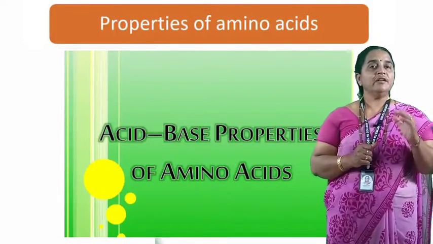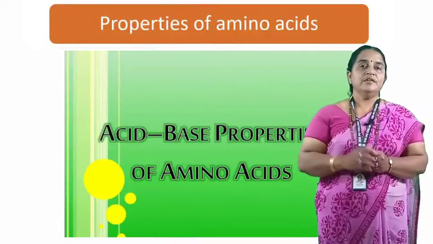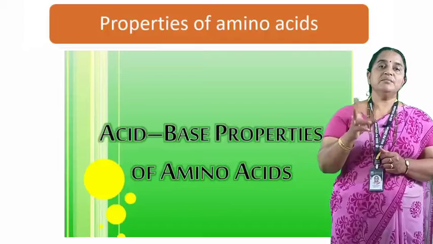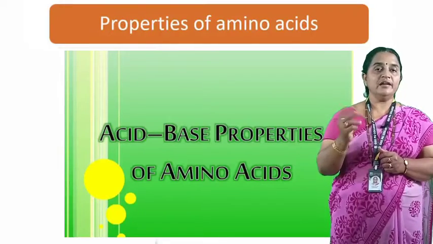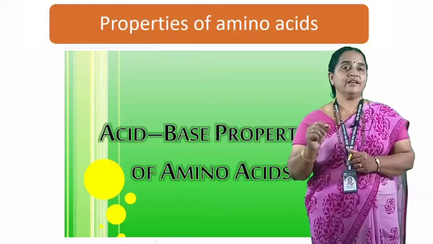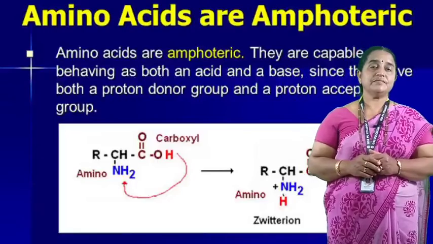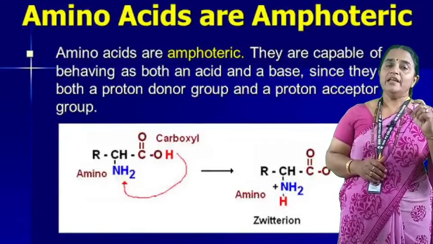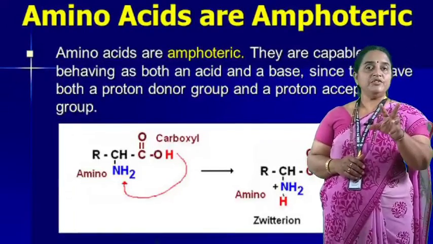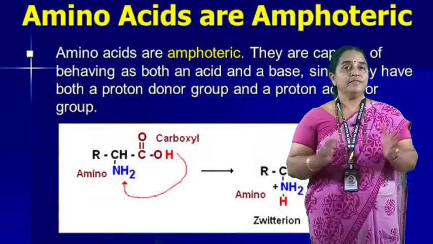Amino acid is having base as well as acid linked to carbon. So when a molecule is showing both pH, acidic and alkaline, then the nature is known as amphoteric. So all amino acids are amphoteric in nature. They carry both positive and negative charge. Hence we call them Zwitter ion form.